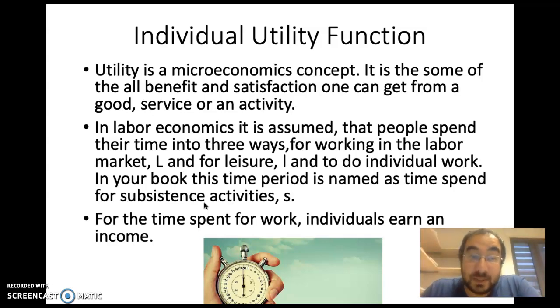Those activities are represented by the letter small s. So, in addition to your time, you might also have a non-labor income that is coming from a source that doesn't require your time to be spent. So those are your resources, time and potential additional income coming from non-labor sources.